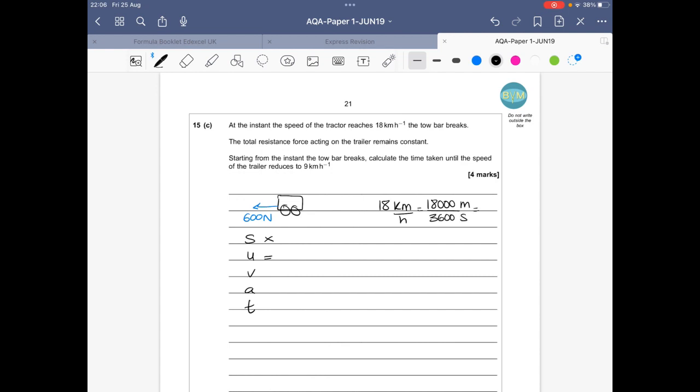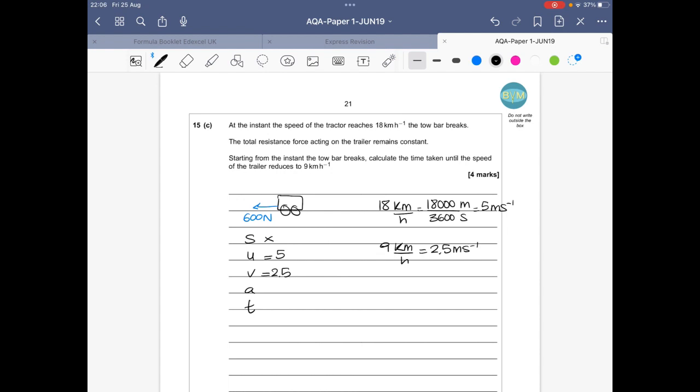So this is 5 meters per second, and the 9 kilometers per hour is going to be half, so it's going to be 2.5 meters per second. So my initial velocity is 5, my final velocity is 2.5.